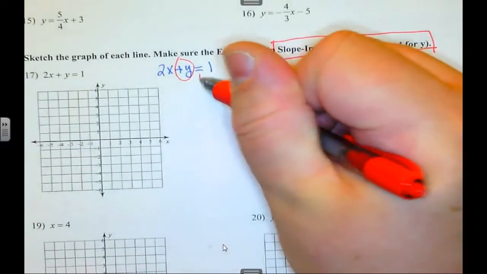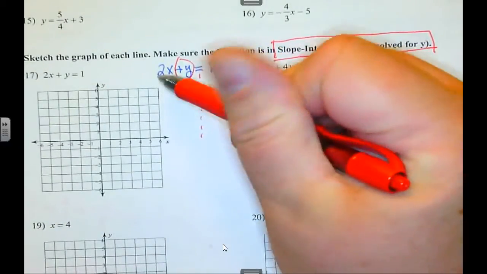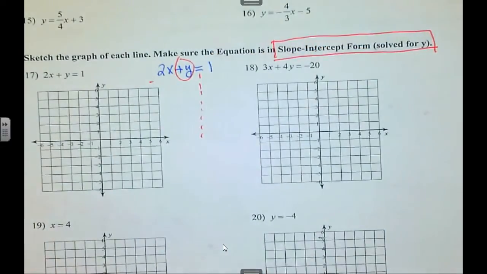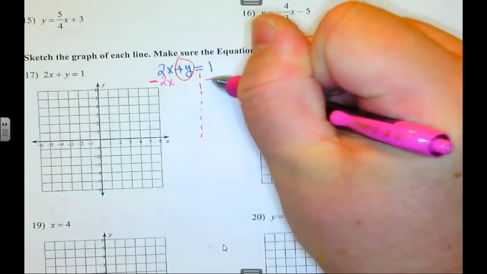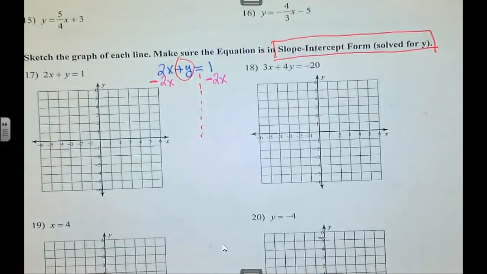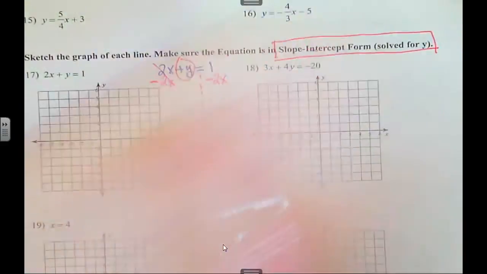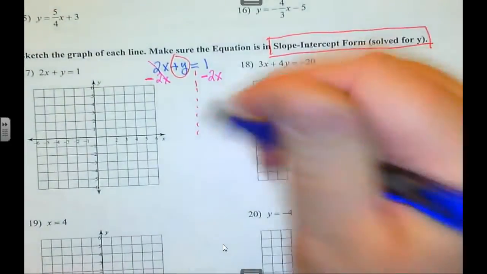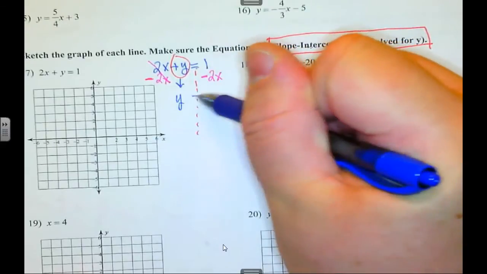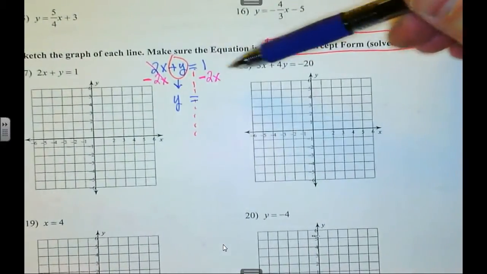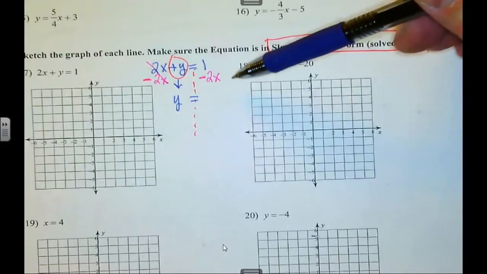In order to do that, good, subtract 2x from both sides. Okay. I get y, bring down my y, I get y equals. Now, don't combine these. These are not like terms.